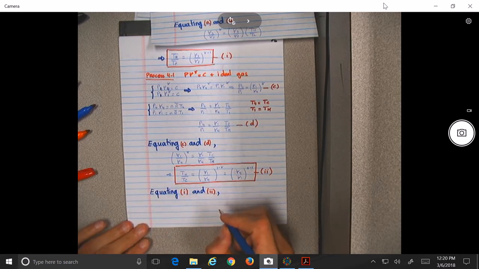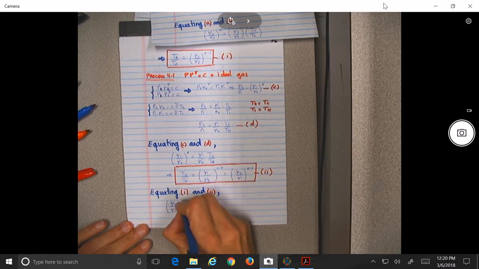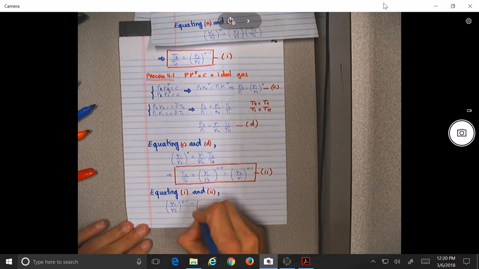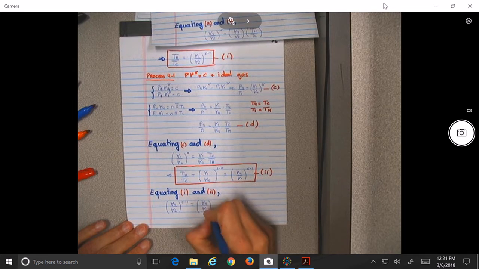So we have that V3 over V2 to the gamma minus 1 equals V4 over V1 to the gamma minus 1.